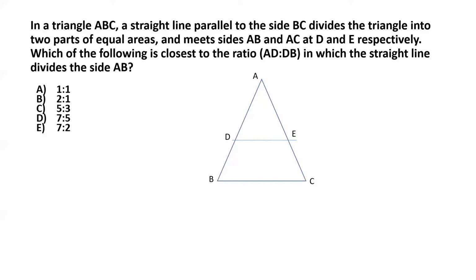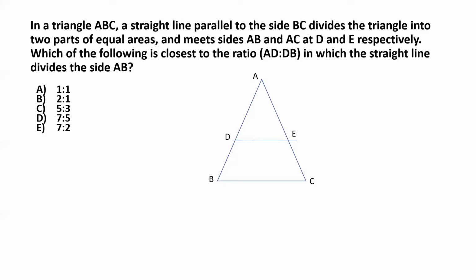We know the median of a triangle divides the triangle into two parts of equal areas, right? But the median, by definition, also divides the side into two equal parts because it joins the vertex of the triangle to the midpoint of the side opposite to the vertex.